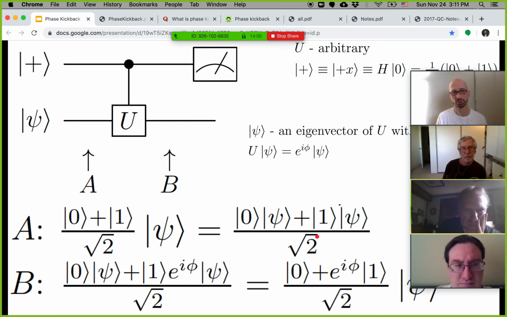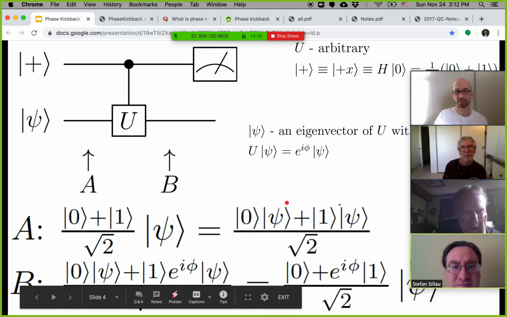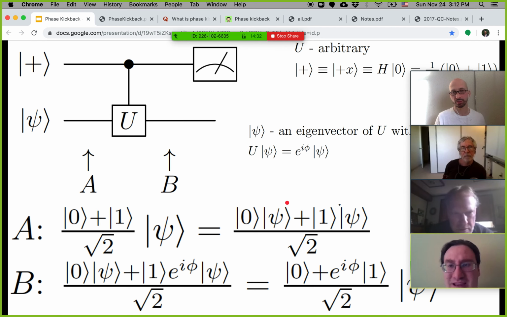So is it clear so far? Good. Okay. I'm sorry, Stefan. So this is the tensor product.